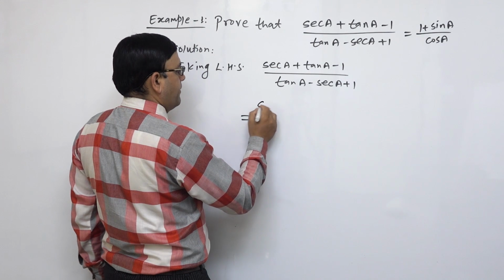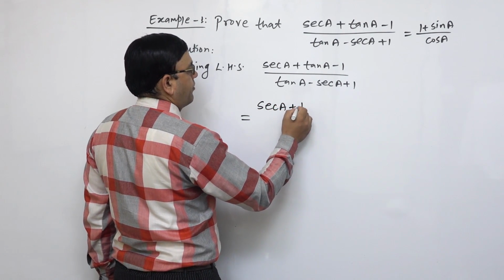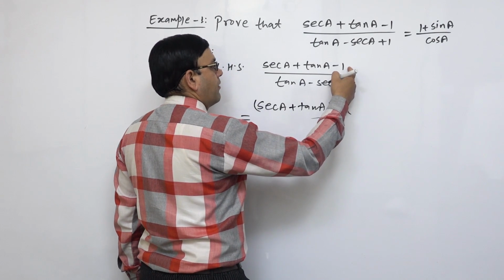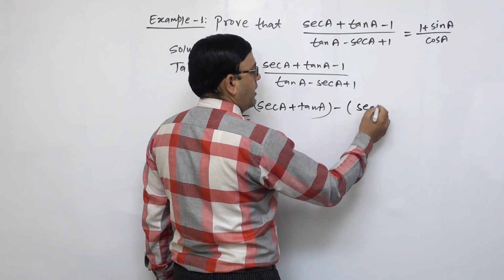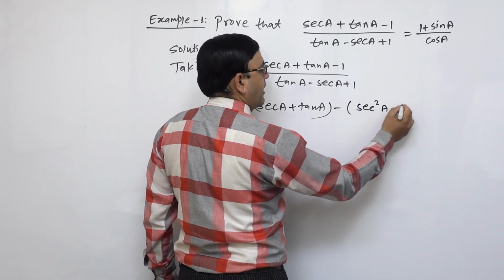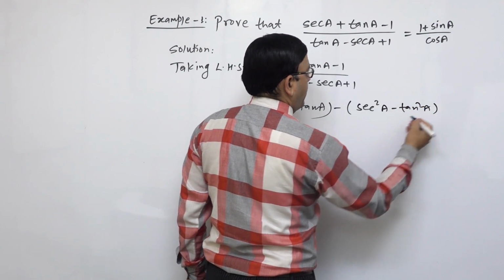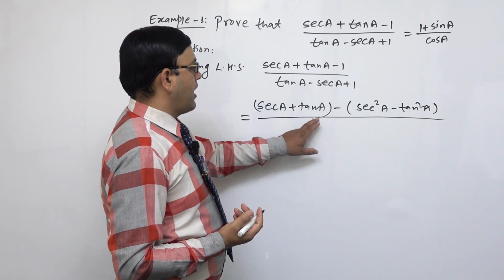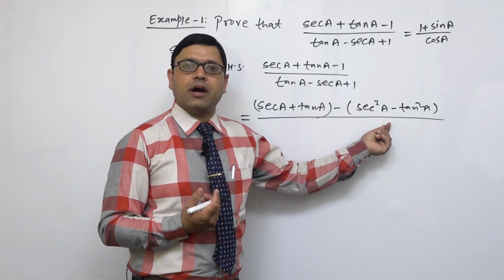So, let's look here. We have sec A plus tan A minus, what's the formula of 1 in terms of sec A and tan A? You know very well, sec square A minus tan square A by, okay students, if you sometimes have confusion, you can leave this space now.